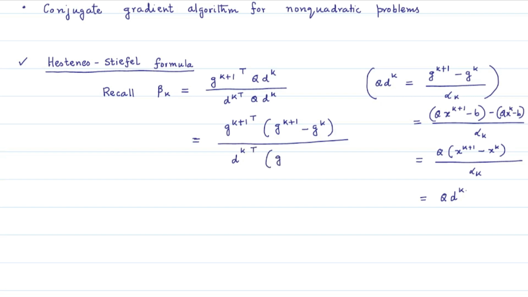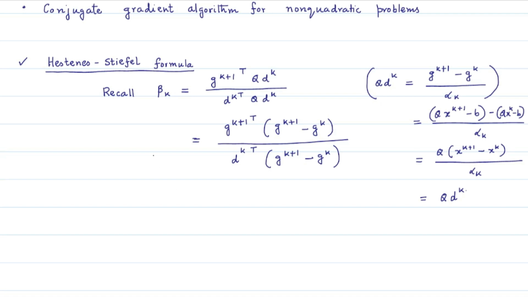In this expression there is no appearance of the matrix capital Q. So we can employ this expression of beta_k for a non-quadratic function, for which we do not need to compute the Hessian matrix at the current iterate x_k.